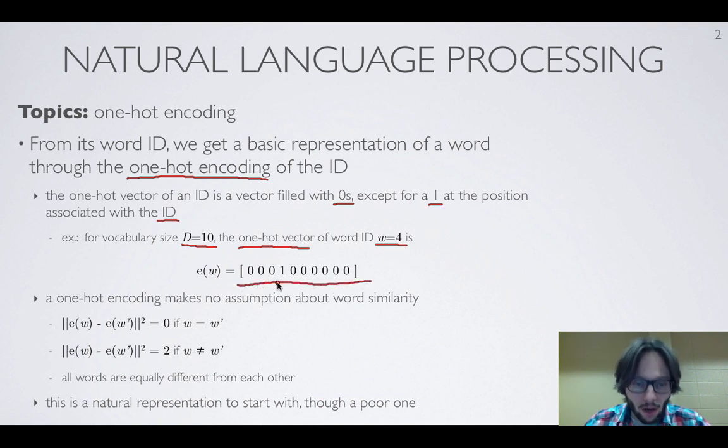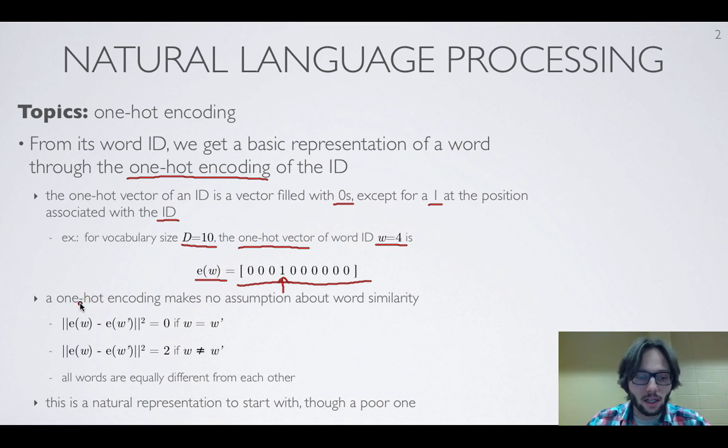It would be a vector where everything is 0 except the element at position 4. So 1, 2, 3, 4. We see we have a 1 here. I'm going to note that E of W, so W is 4, and E of 4 is going to be this vector with just a single 1 in it at the position 4.